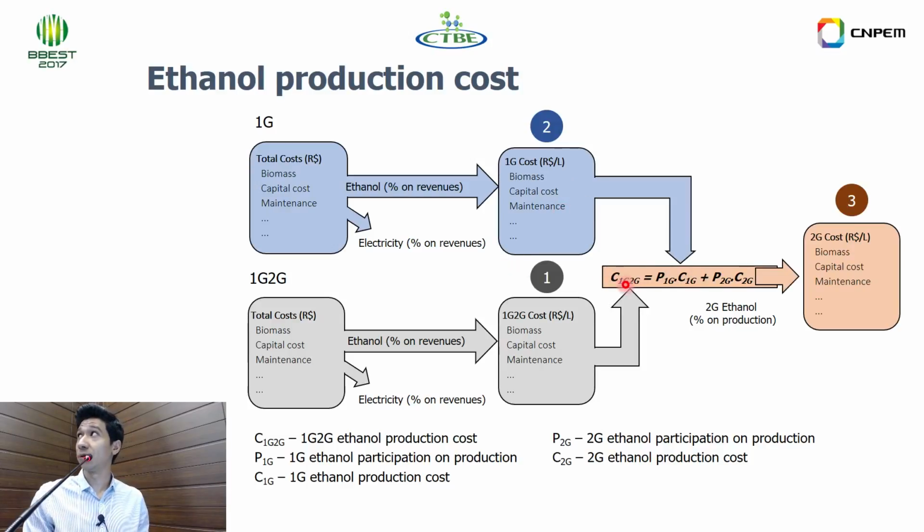I do the same for the integrated scenario, and then the only unknown is the second generation ethanol cost. It's nothing more than a weighted average, which says that the cost of integrated ethanol is the weighted average between the participation in volume produced of first and second generation ethanol times their cost.